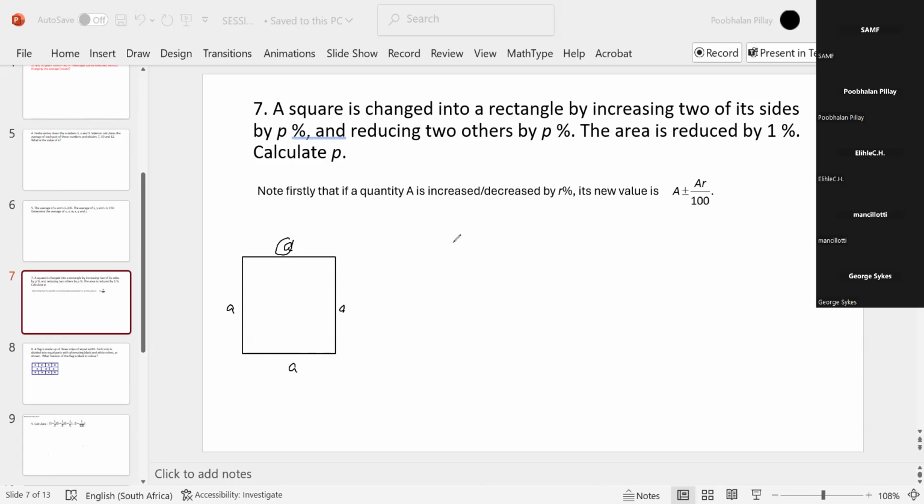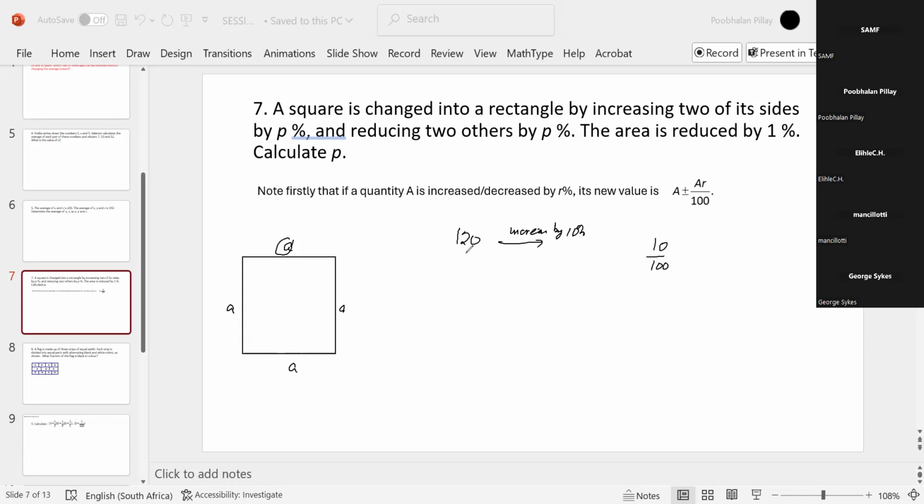Let's take an example. Suppose I take a number like 120, and I want to increase this by, let's make it 10%. So what do we do? If you want to increase 120 by 10%, you work out what 10% of 120 is. 10% is 10 over 100. We won't simplify for the time being.